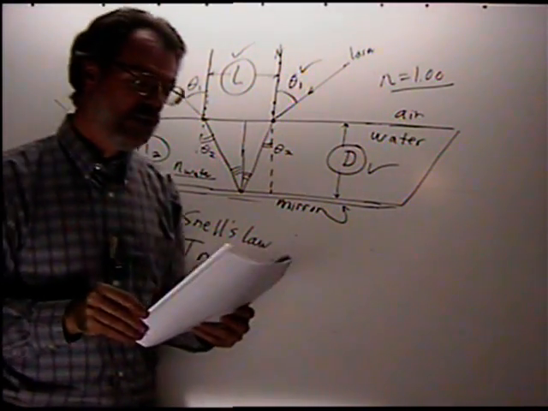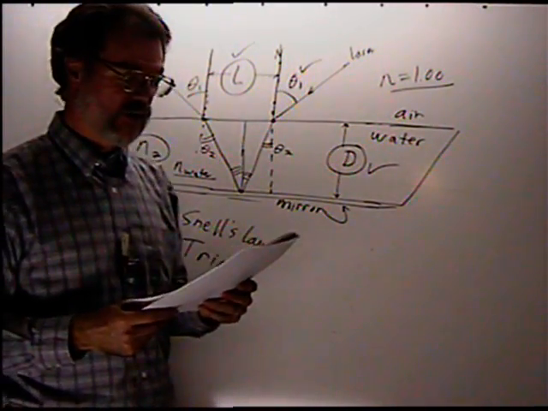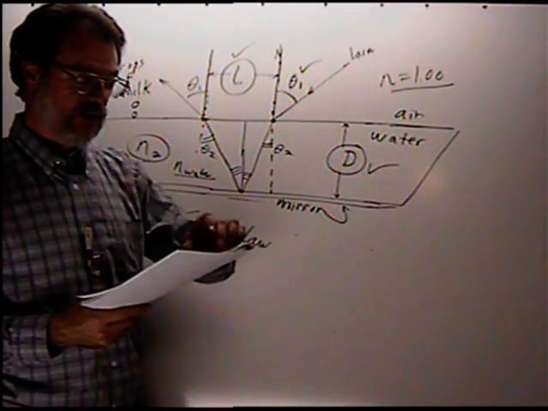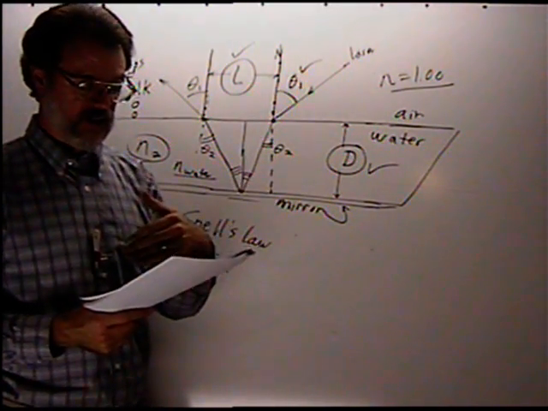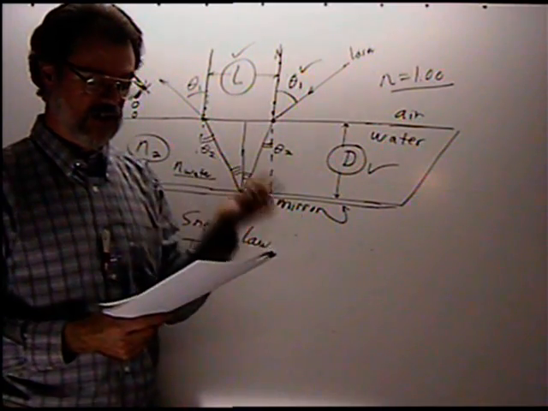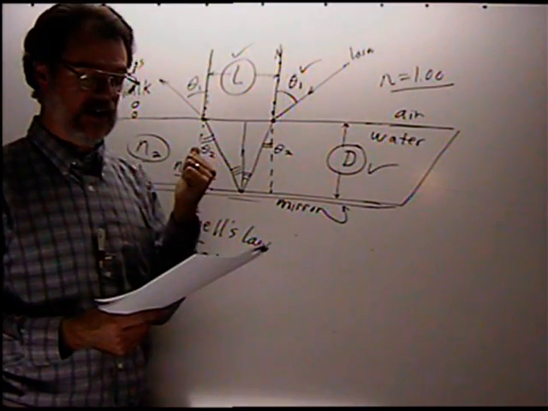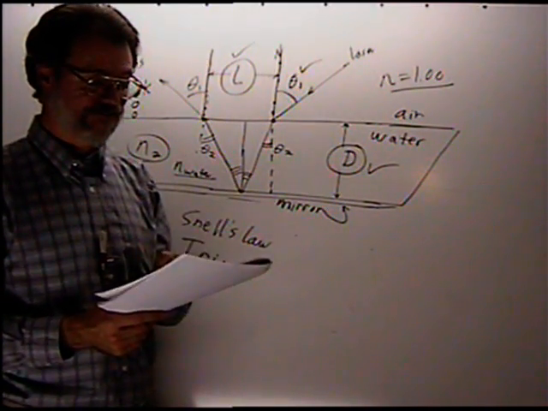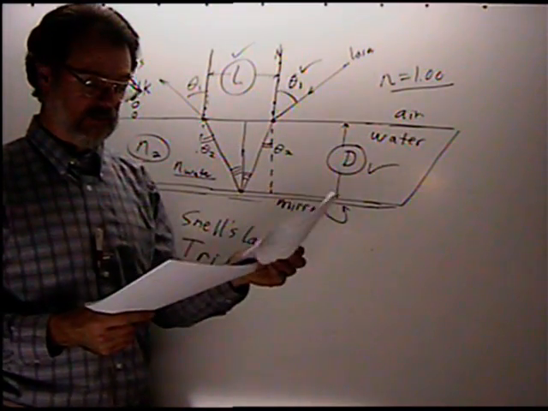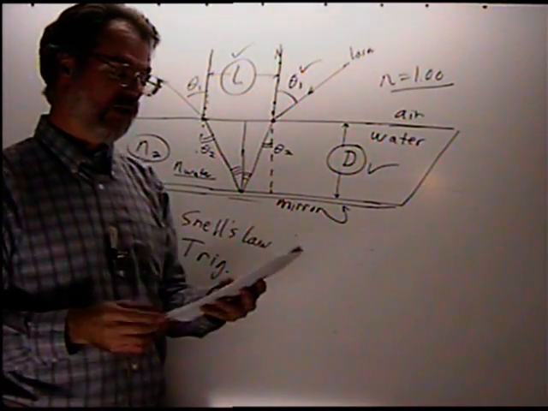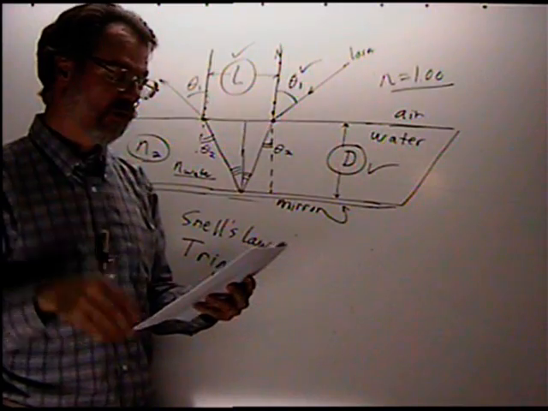Okay, question 3 is a simple question of ray tracing, where I'm asking you to trace where the ray goes. Again, you're going to be using Snell's law and some trig functions. And then question 4 on page 8.